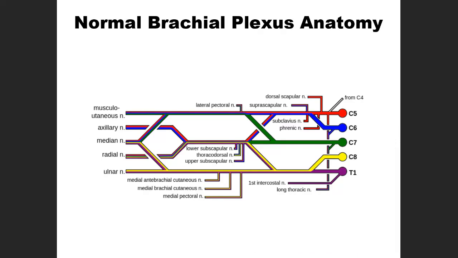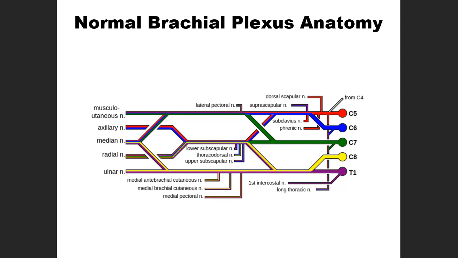So this is the normal brachial plexus anatomy. The brachial plexus is formed majorly from C5, C6, C7, C8, T1 nerve roots. These nerve roots together form roots, divisions, trunks, and later on they are further divided into the major upper extremity nerves, that is the ulnar nerve, median nerve, radial nerve, musculocutaneous nerve, and the axillary nerve.